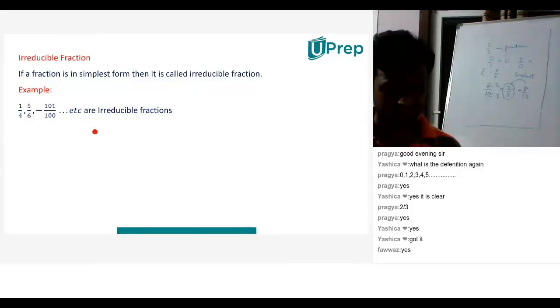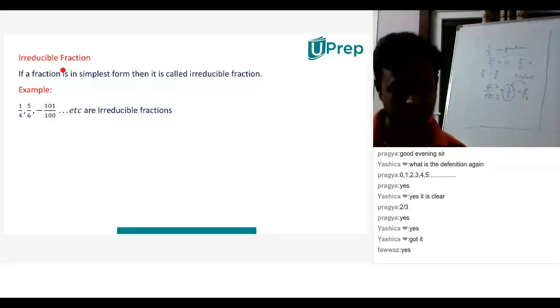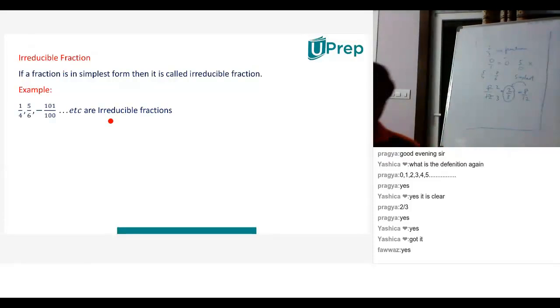These are called irreducible fractions. Please note down this definition and write this example. Children, please note down. They are irreducible because the numerator and denominator do not have any other common factor except 1.